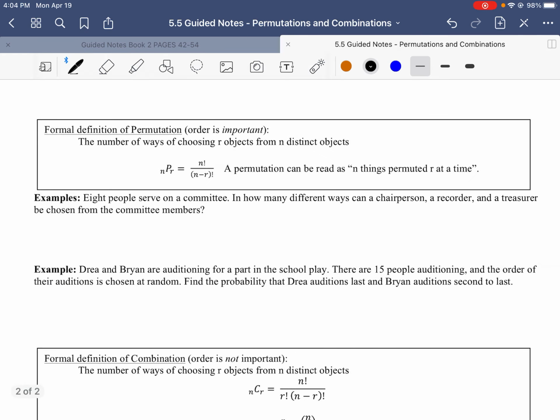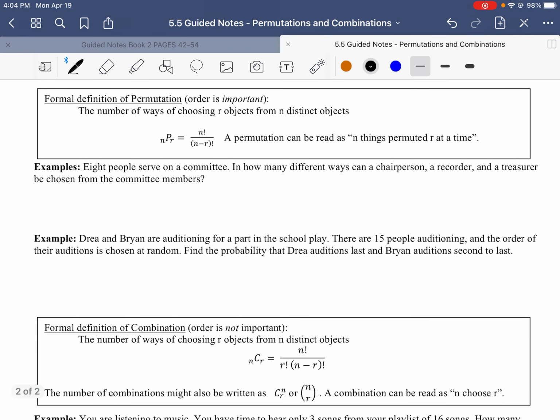Okay, so let's practice this a little bit. Here's our formal definition of permutation, where order is important. The number of ways of choosing r objects from n distinct objects. So notice here the notation and the way it's written. There's different ways to write combinations and permutations. We're going to stick with this one because it's the one similar to your calculator.